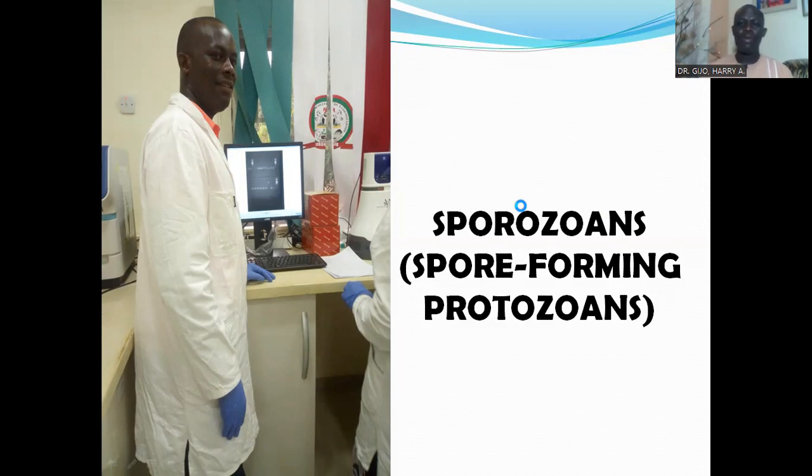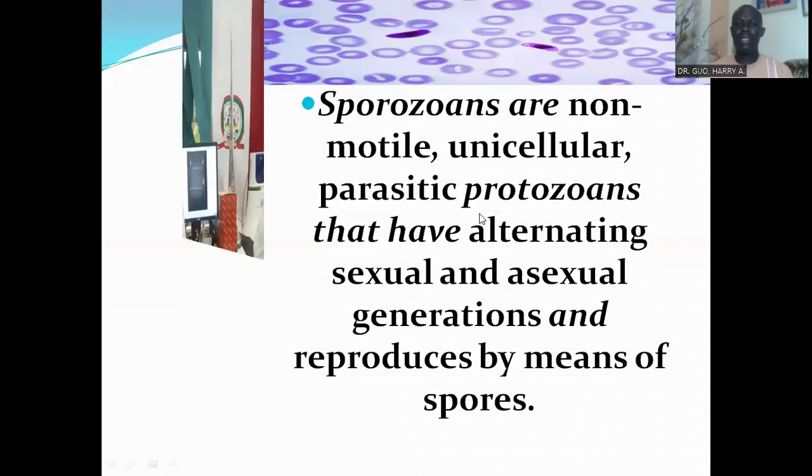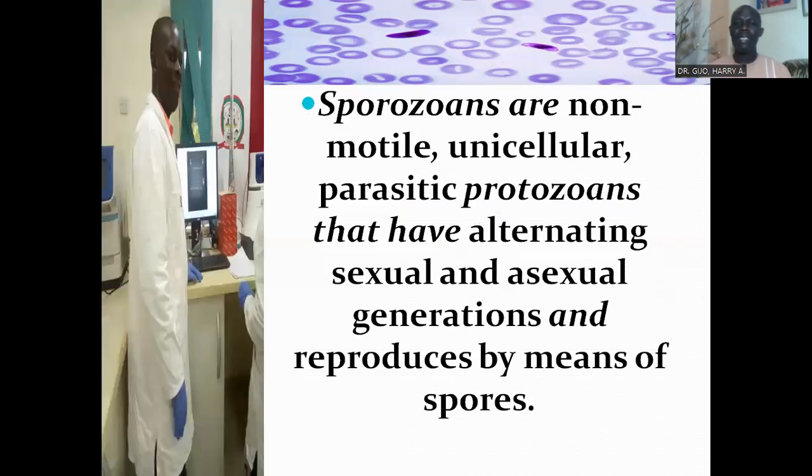So the sporozoans are non-motile, unicellular, parasitic protozoans that have alternating sexual and asexual generations and reproduce by means of spores. They are not able to move because they do not have organelles for locomotion.